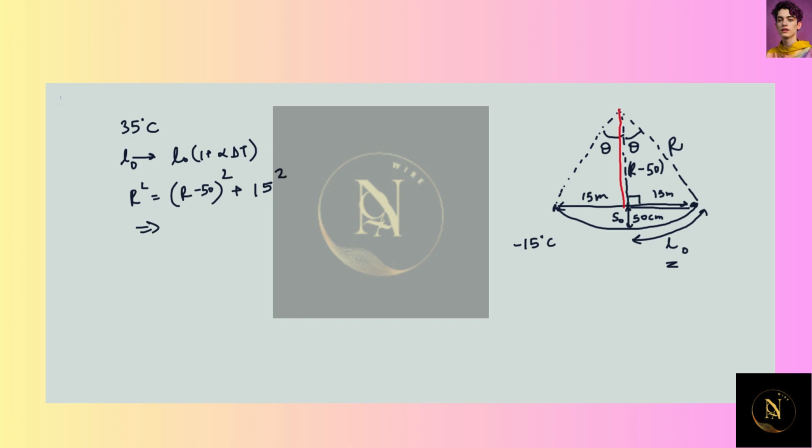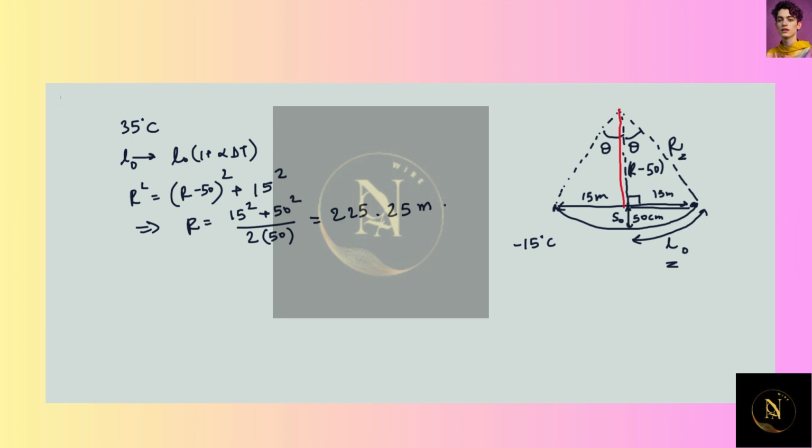This gives us R equal to (15 squared plus 50 squared) divided by (2 times 50), which turns out to be 225.25 meters.